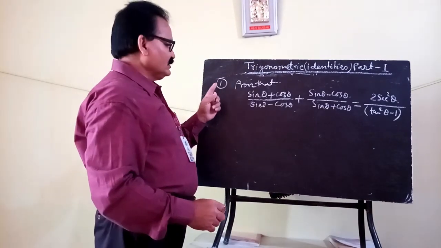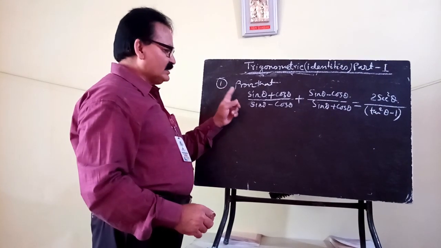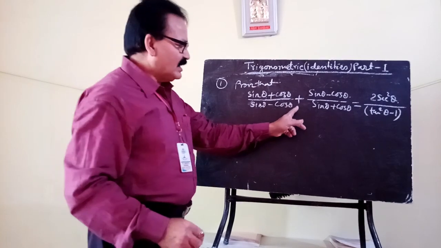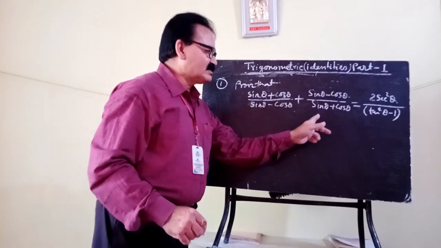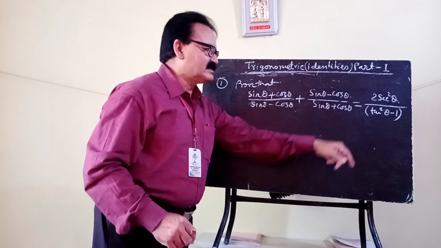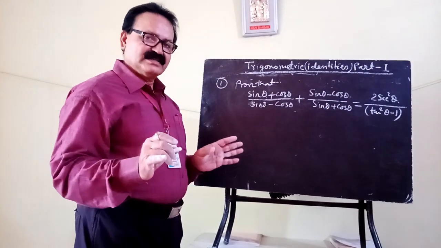Now I am showing you one example. Prove that (sin theta plus cos theta) by (sin theta minus cos theta) plus (sin theta minus cos theta) by (sin theta plus cos theta) equals 2 sec square theta divided by tan square theta minus 1. Clear?